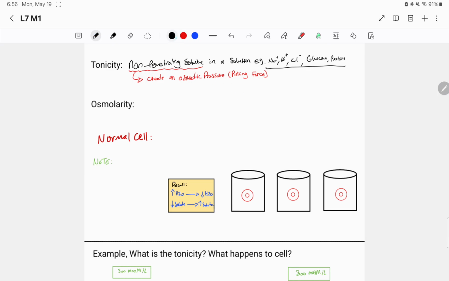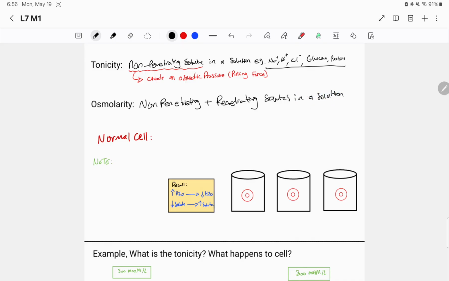But what's a term that I can use to describe penetrating solutes and non-penetrating solutes? That would be osmolarity. So osmolarity describes non-penetrating plus penetrating solutes in a solution. Great.